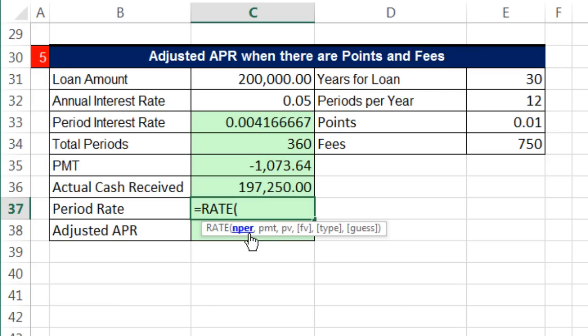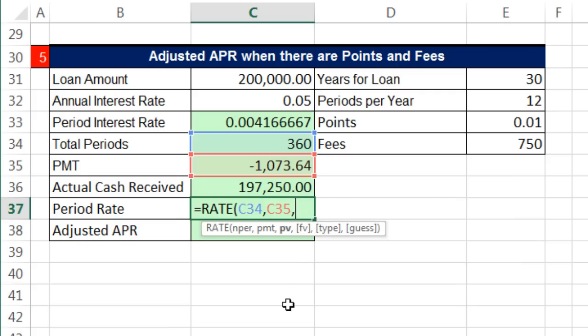So NPER, it's still the same, 360. Notice how future value, PMT, rate, they all have the same basic arguments. It's just we're solving for a different piece. We're solving for the period rate here. So NPER, that still means total number of periods. PMT, that's a cash flow from our point of view, so we put it in as negative.